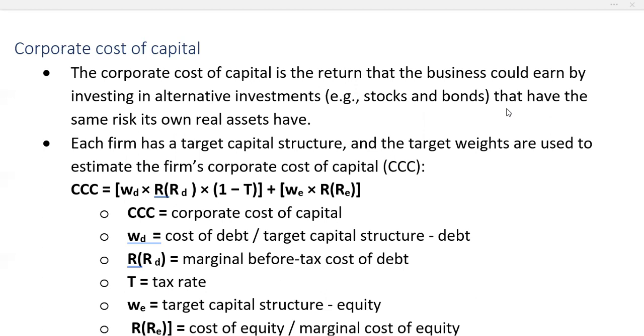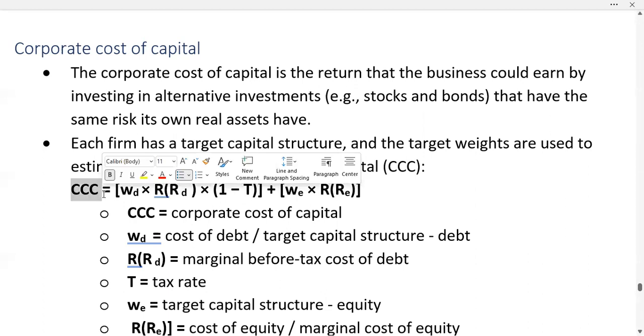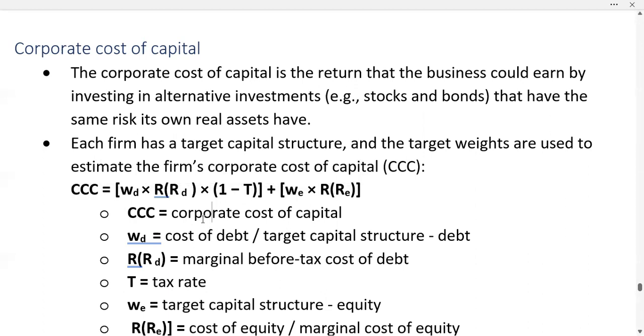The formula we will use is this formula here, where corporate cost of capital, or CCC, is equal to the cost of debt plus the cost of equity.